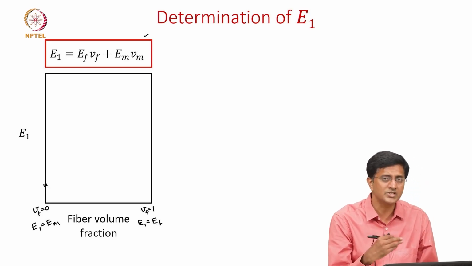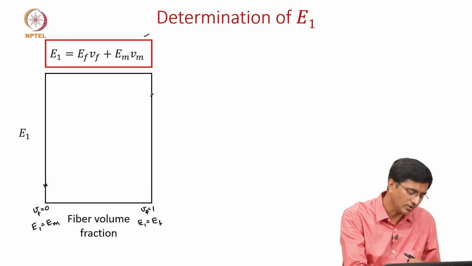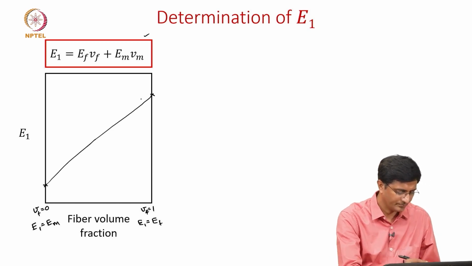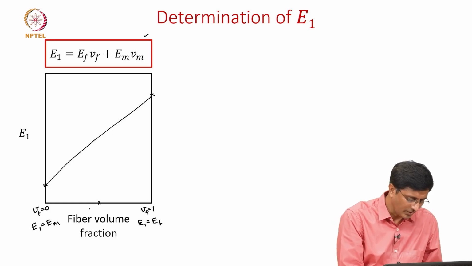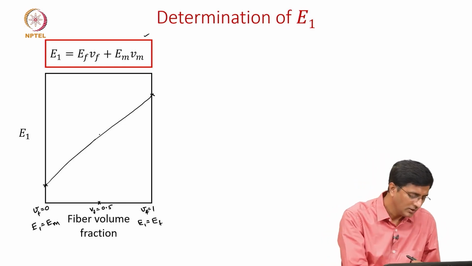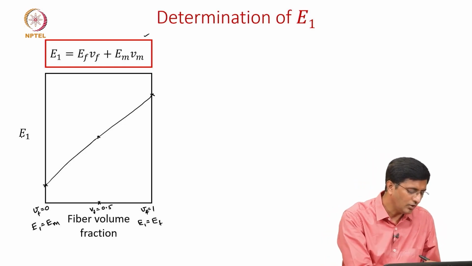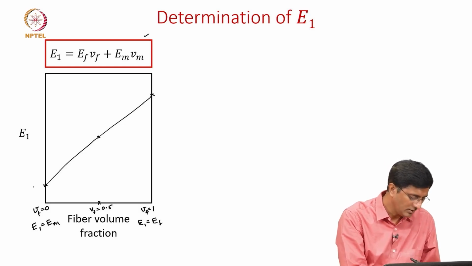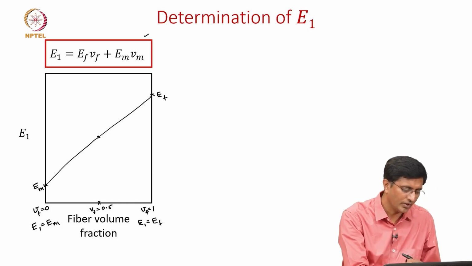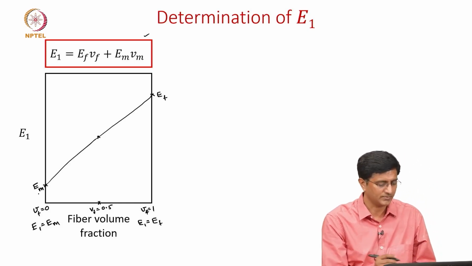But we know fibers are much stiffer than the matrix, so the value is somewhere here. And this relation between E1 and the volume fraction is linear, which means it will have a relation something like that. So let's say you are looking at Vf equal to 0.5, meaning there are 50% fibers and 50% matrix material, then the value of E1 is midway between Em and Ef, the matrix stiffness as well as the fiber stiffness.